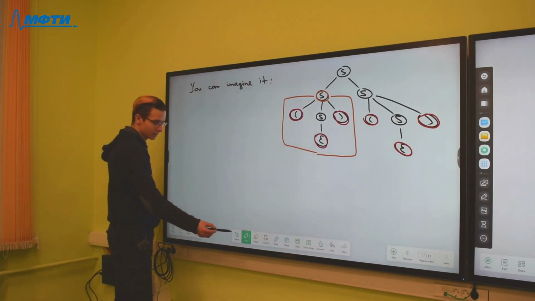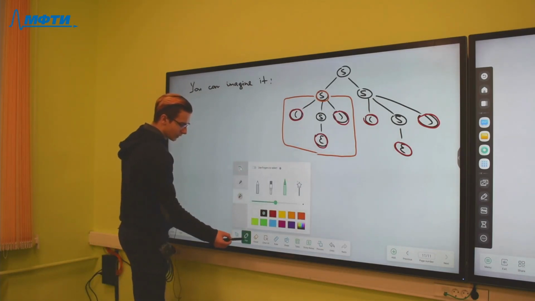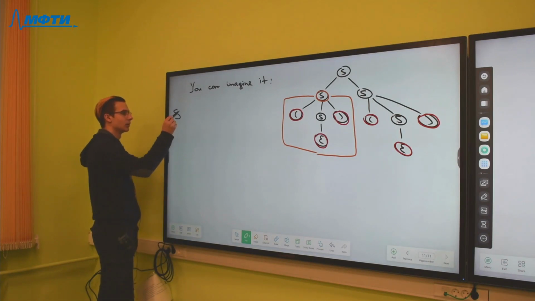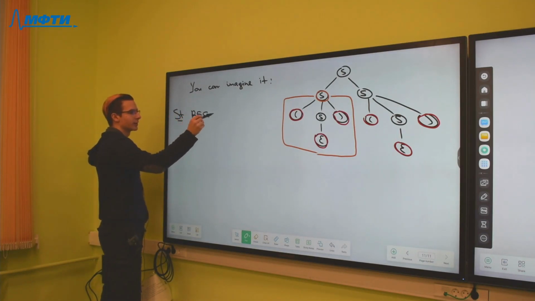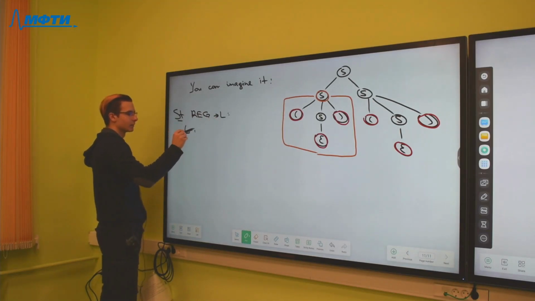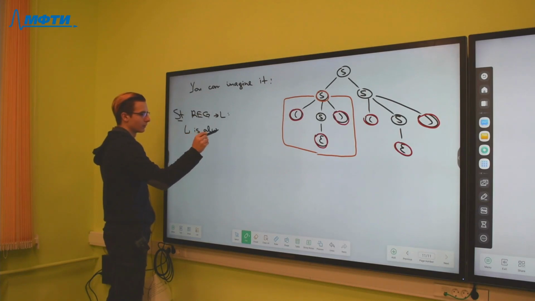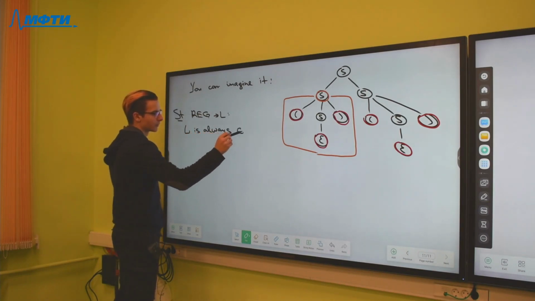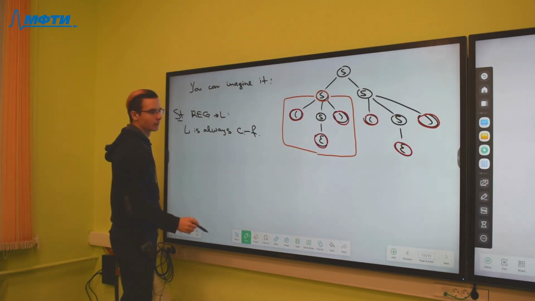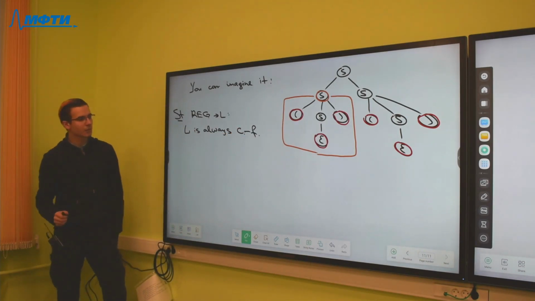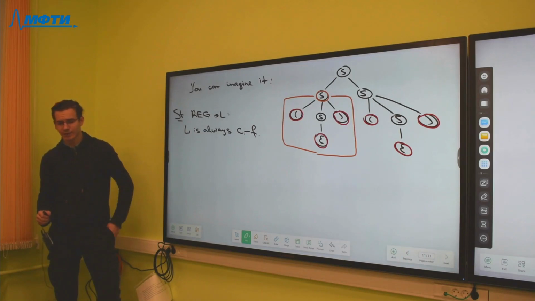For example, it is interesting that regular languages are always context-free languages.